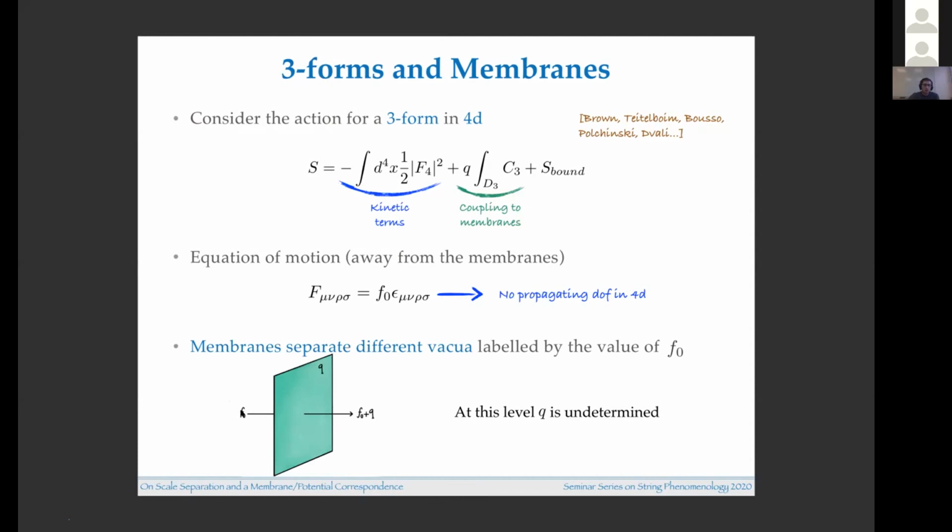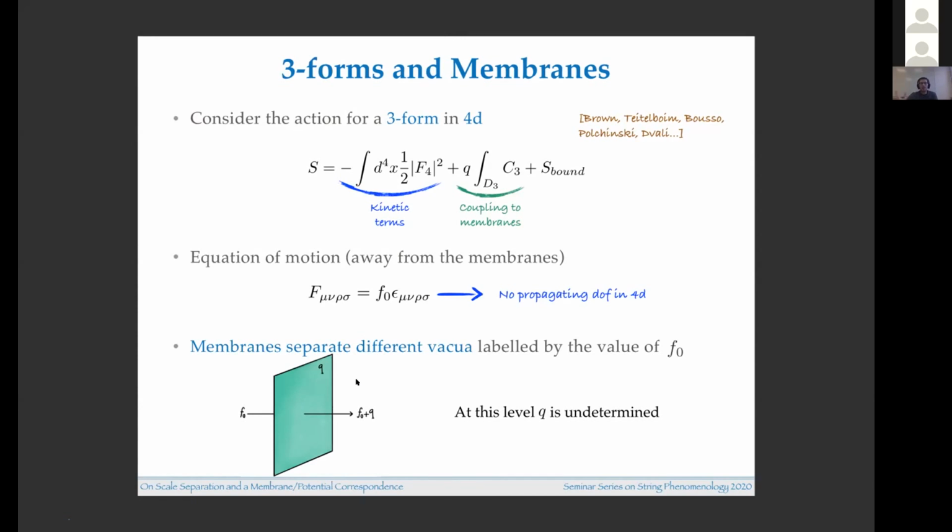And in fact, this change in the cosmological constant when crossing a membrane is given by the charge of this membrane. Okay, so at this level, this Q is just some undetermined parameter that we're putting here, but the important point is that it gives the difference between the cosmological constant at both sides.